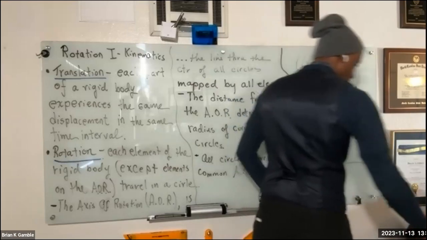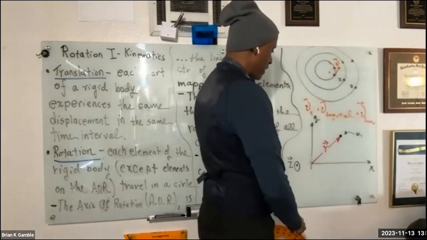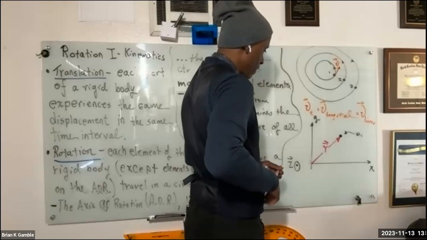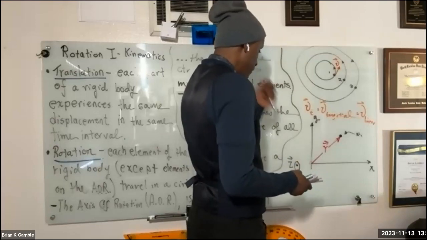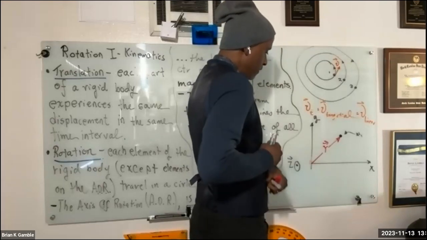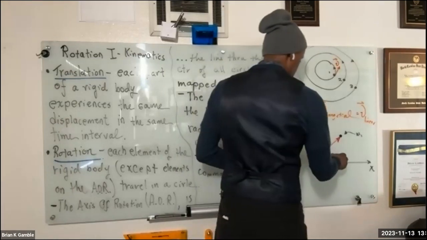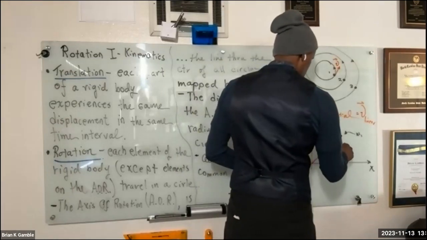Now, theta is going to be the angle that defines the radial distance from the origin relative to the x-axis. So theta is this guy.